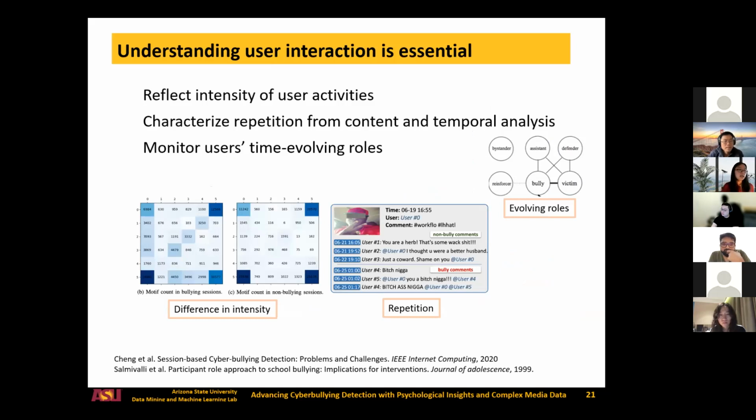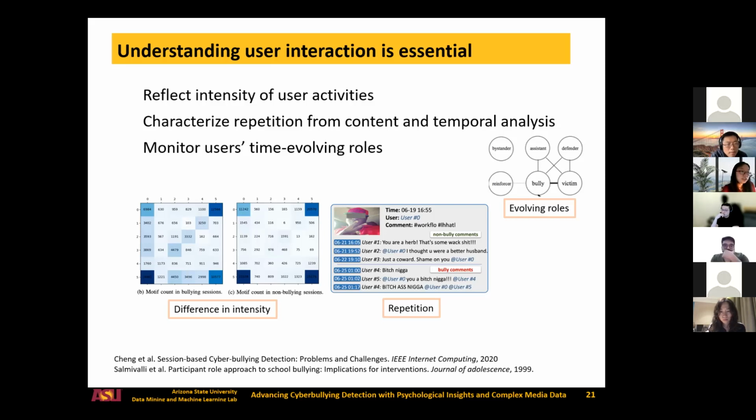For example, from our preliminary results, we show that by modeling these user interactions in each social media session, basically looking at who this user is replying to or tagging, and then using this constructed network, we show that there are different intensities of user activities in a bullying session and in a non-bullying session, as shown in the first figure here.